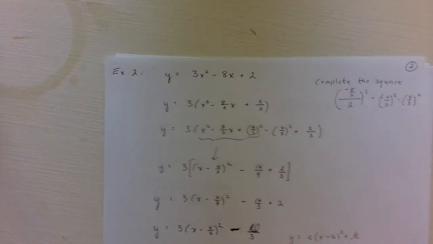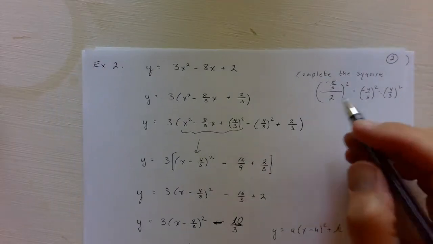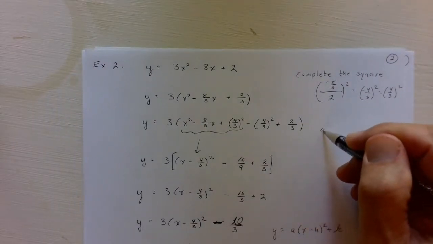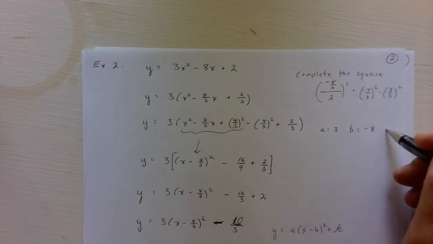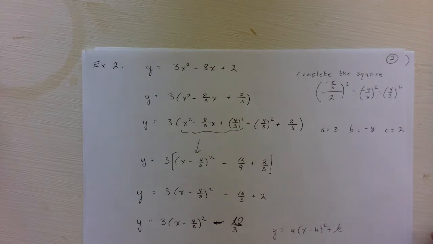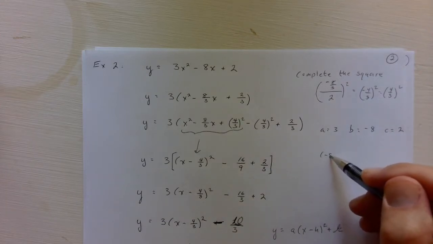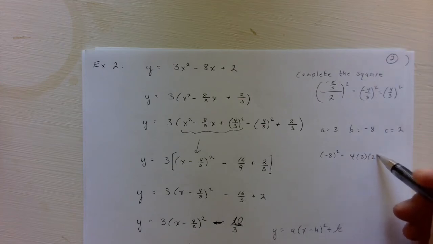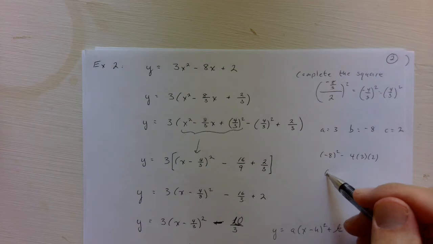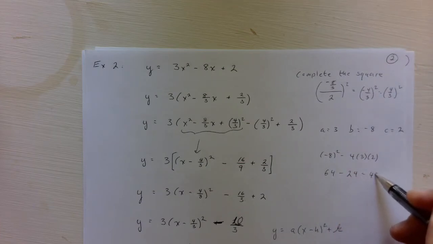On example 2, we got that a was 3, b was negative 8, and c was 2. The discriminant then would be negative 8 squared minus 4 times 3 times 2. So this would be 64 minus 24, that would be 40.